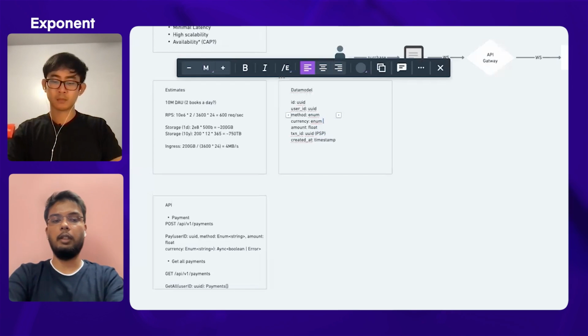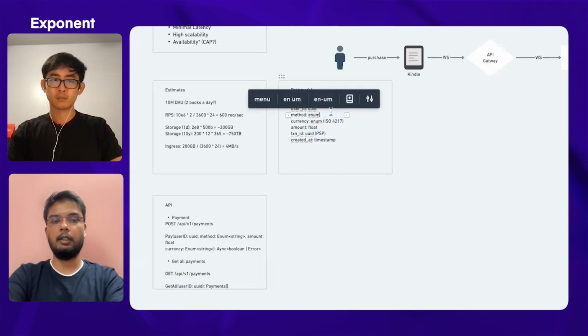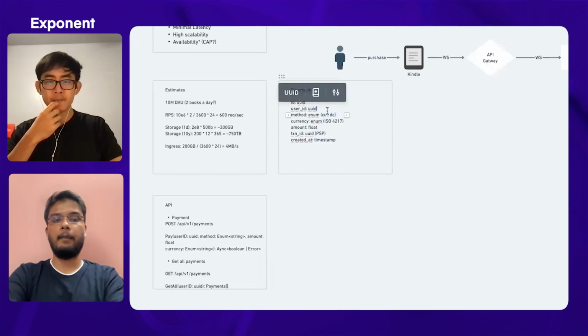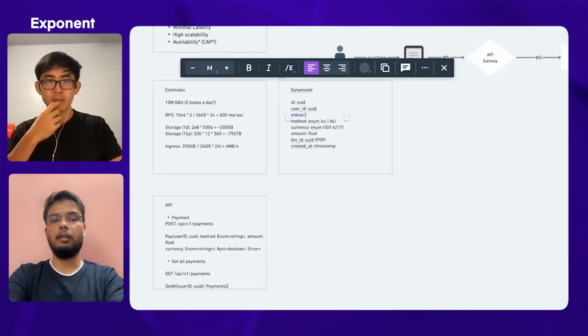Currency would be ISO 4217, I think, and method would be like credit card, debit card. We also have created at, and status, like pending, success, fail.